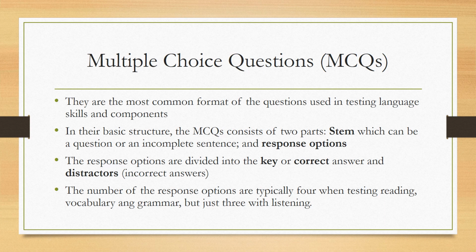So if you put 4 options for each stem, this will be too much for their memory. Is it clear? So it is preferred to minimize the number of the options in the listening test in order to facilitate the recalling of information for your students.